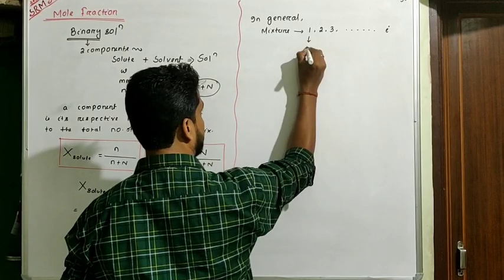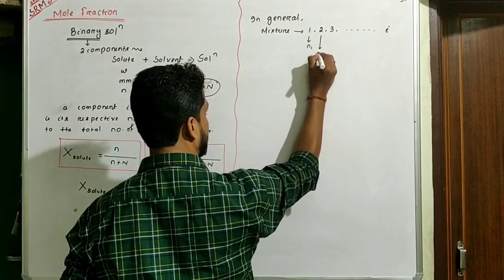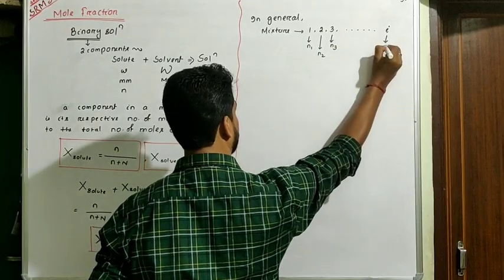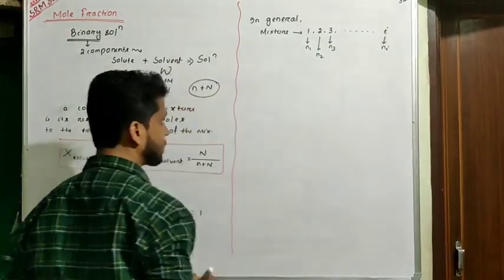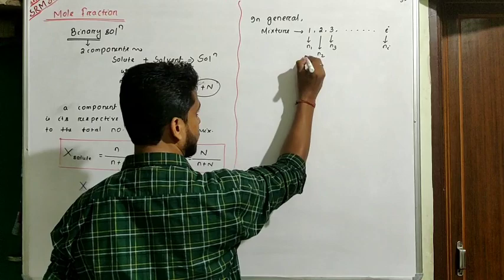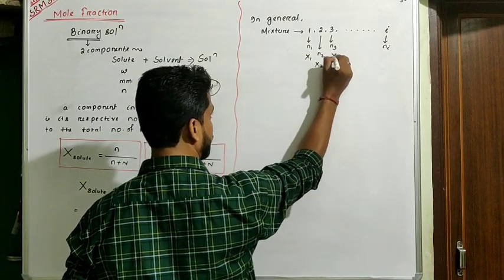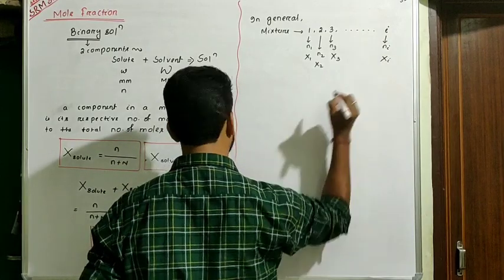So the number of moles are N1, N2, N3, up to Ni. The mole fractions are X1, X2, X3, up to Xi.